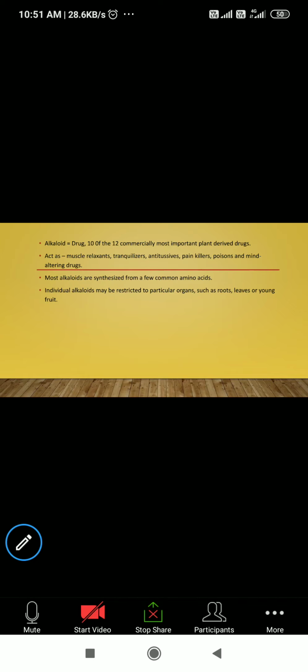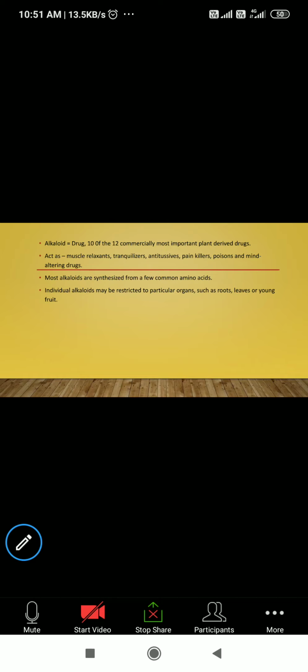The word alkaloid is a virtual synonym of the word drug; out of 12 isolated alkaloids, 10 are utilized as drugs.